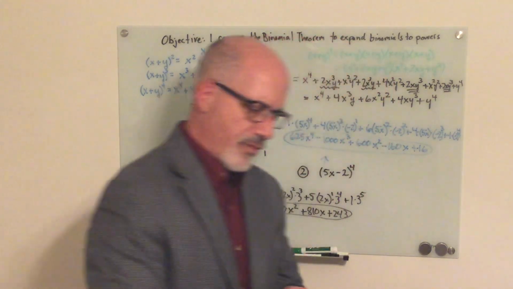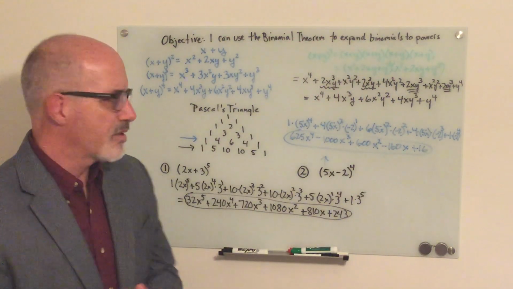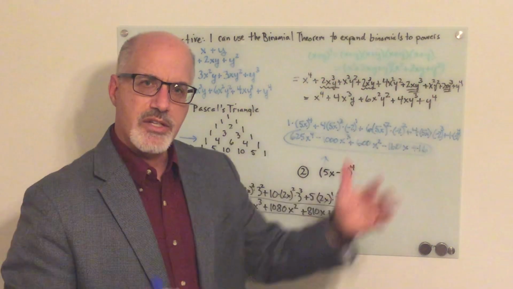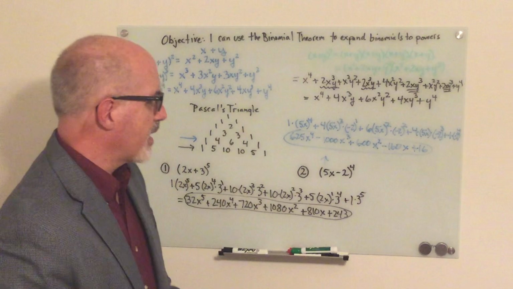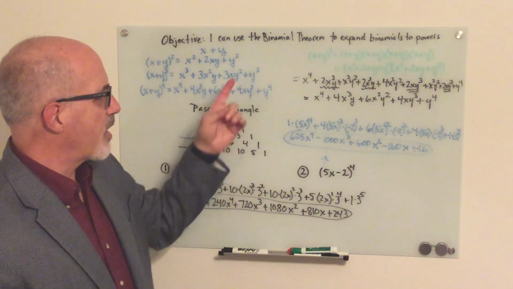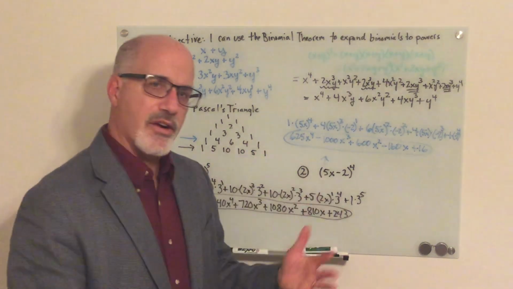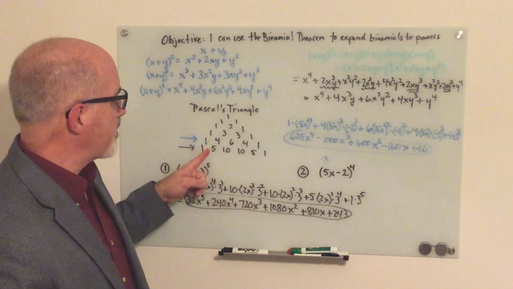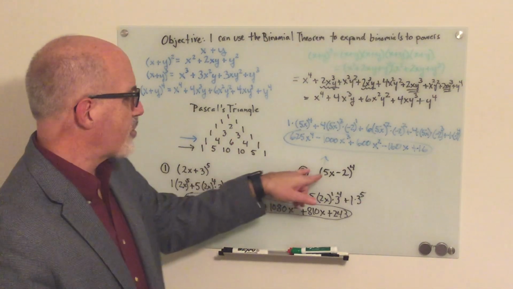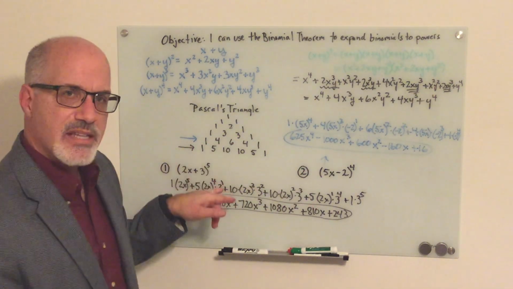So what we have is if we want to expand binomials, we can do it the long way where you just write it out each time and keep multiplying. But there is a shortcut using what's called Pascal's triangle, and binomial theorem is a pattern. And that means we're going to expand it out using these as the coefficients, and then have the first term start out at the highest exponent.